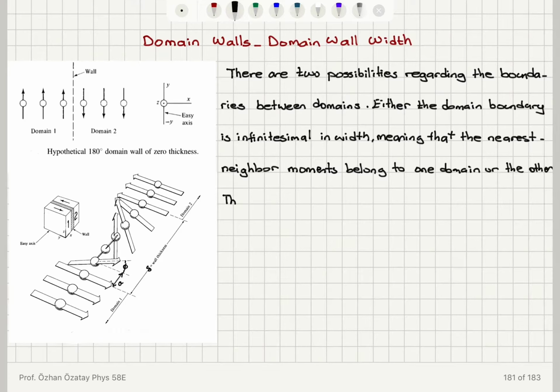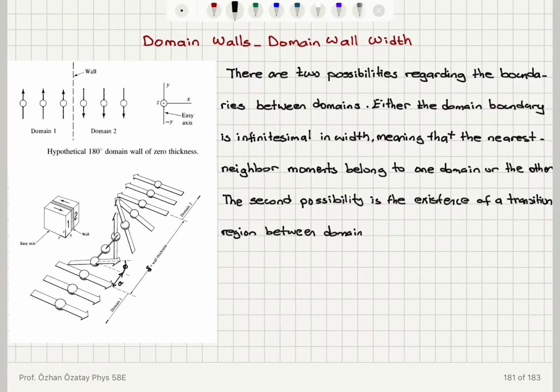So the second possibility is the existence of a transition region between these domains. Okay.